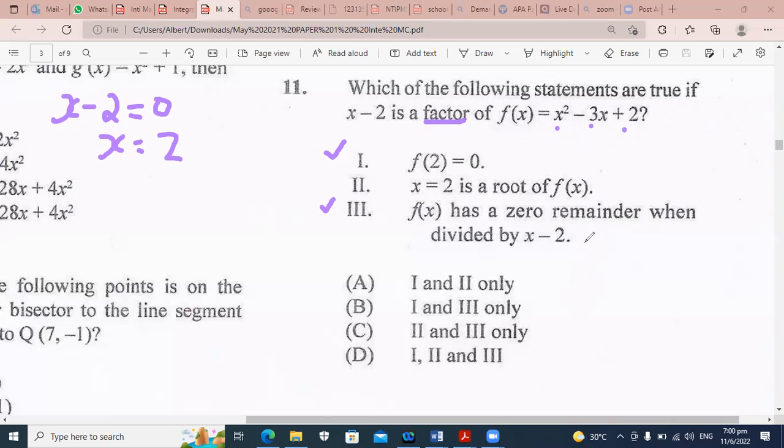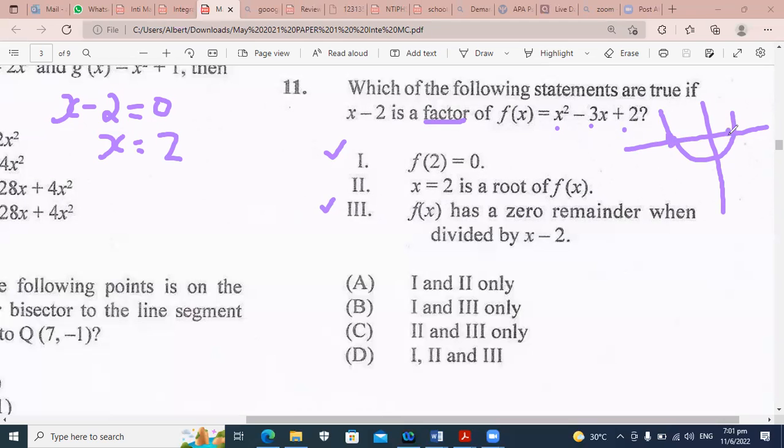Now, what is a root? A root is the solution of this when it is equal to 0. In other words, where does the curve cross the x-axis?